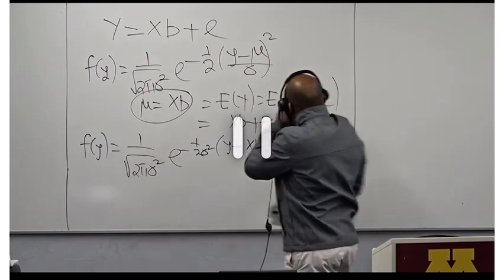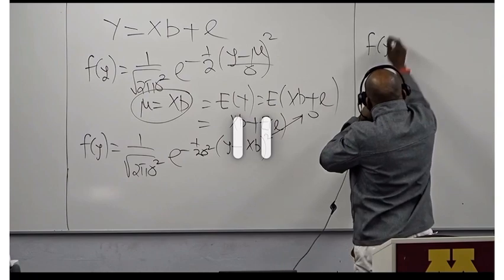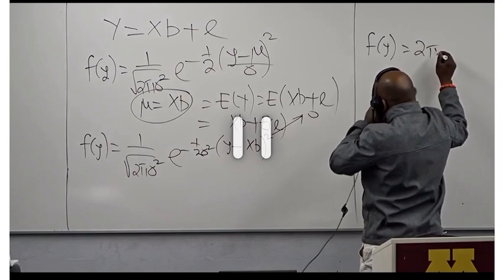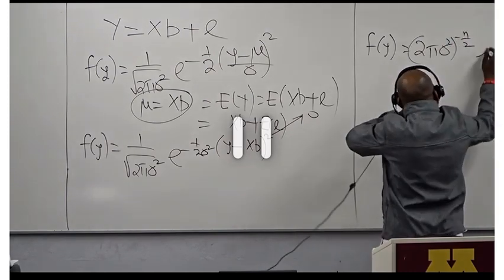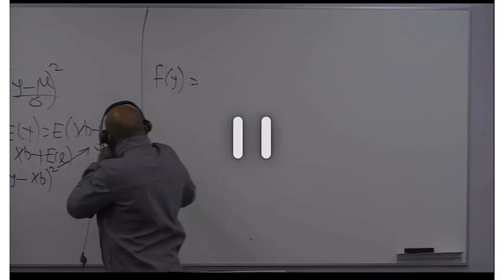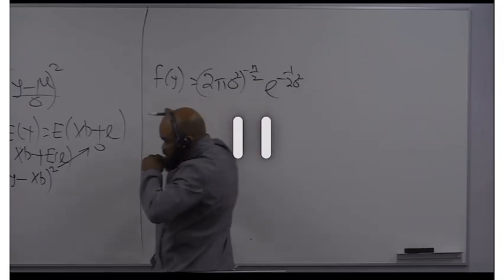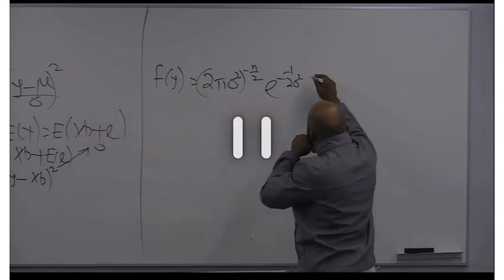If I write this in matrix form, I have 2 pi sigma squared raised to the power minus n over 2, and exponential of y minus Xb, transpose, y minus Xb. The transpose is coming because of the square.